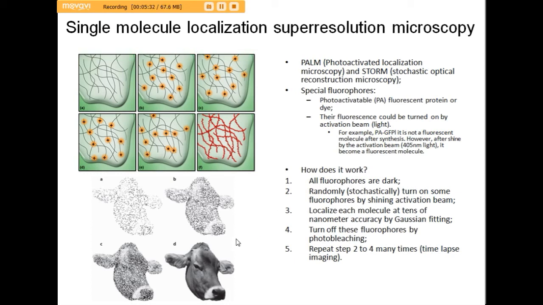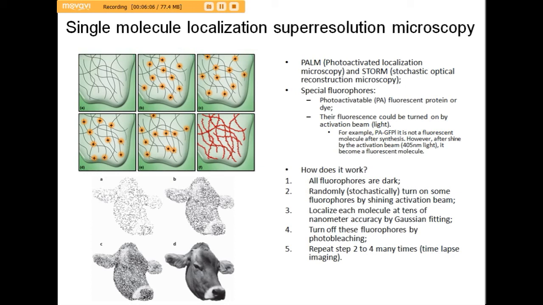So the PA-GFP after synthesis is non-fluorescent, it is dark. So now if you shine excitation light, there will be no emission light generated. The cell is completely dark at this stage. Then at this stage, we shine an activation beam on this cell. The activation beam intensity is adjusted such that only very few PA-GFPs are turned on.